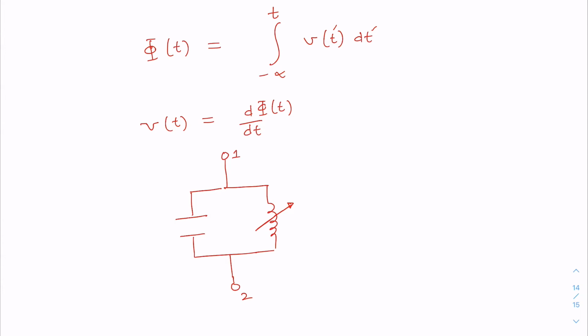In fact, you know that an LC circuit is a harmonic oscillator if the inductor is linear. But because the inductor is now a nonlinear inductor, this becomes a nonlinear oscillator. So in other words, we can say that the transmon is a nonlinear oscillator.